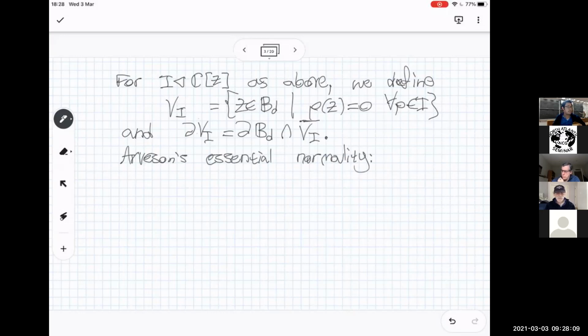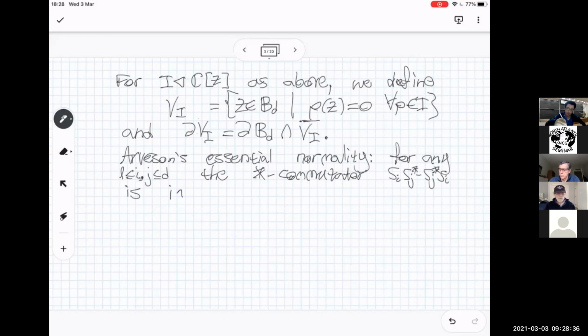And what it says is that for any i and j between 1 and d, the star commutator S_i S_j^* minus S_j^* S_i is a compact operator, or is in the compact operators on this F sub I. Okay.